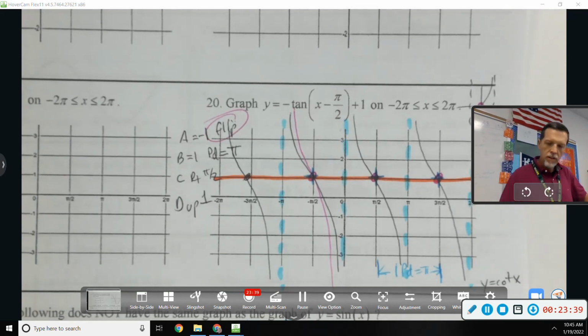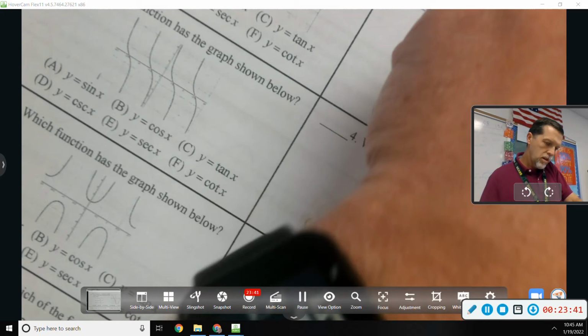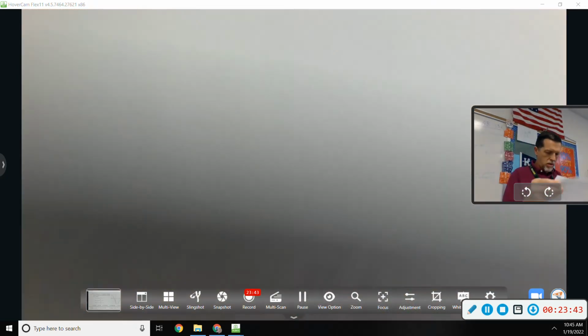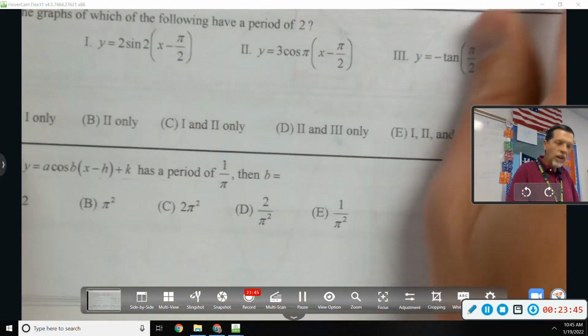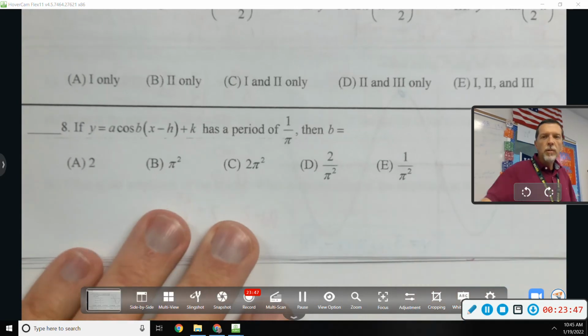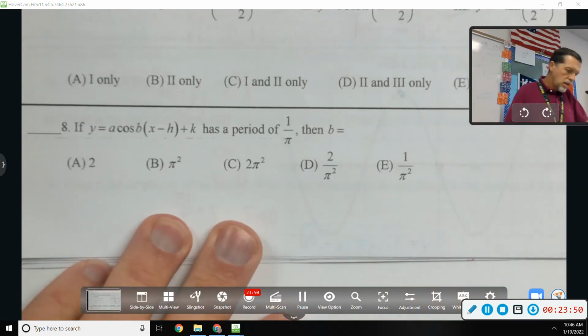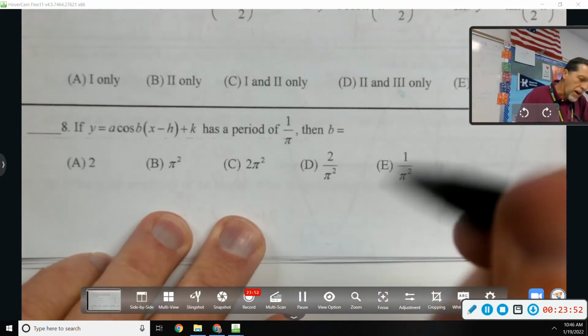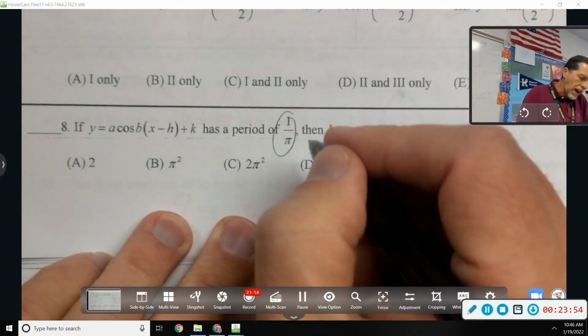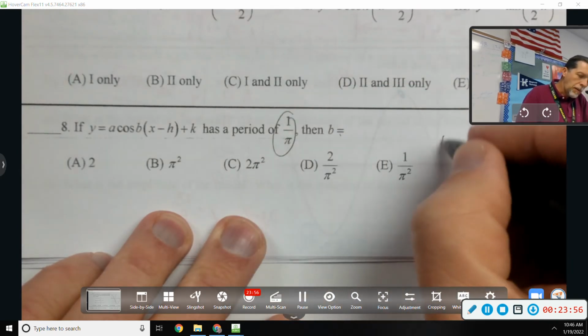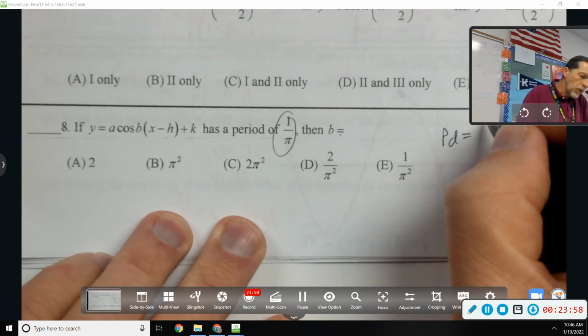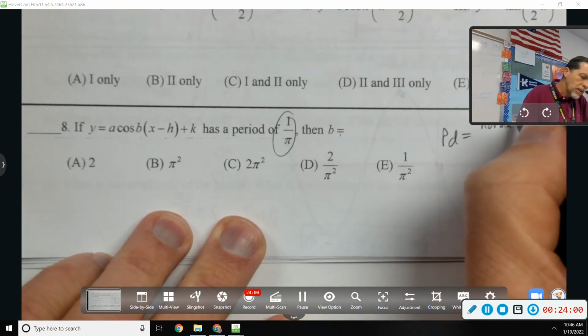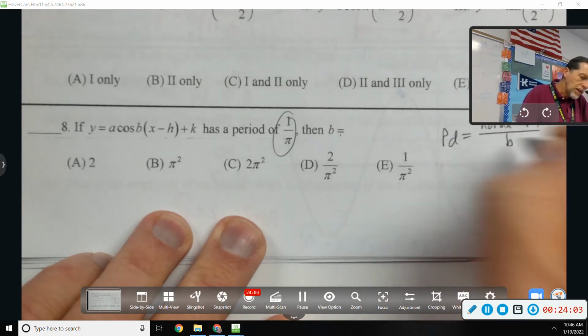Number 8. Ooh, that's a good one. So this is kind of backwards. The period is 1 over pi. What's b? Well, period is always normal period over b.